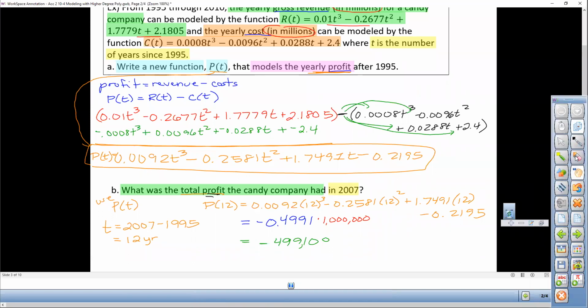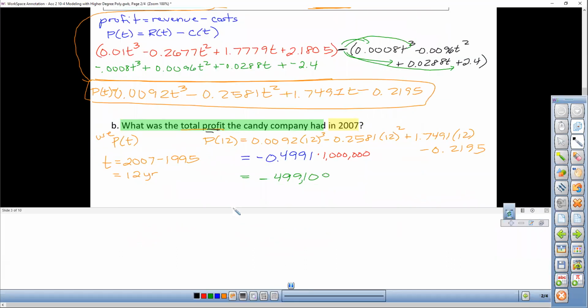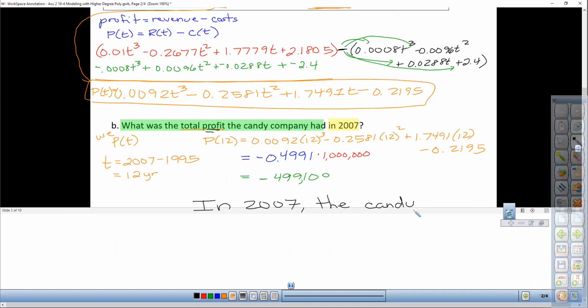So we are going to say here that in 2007, the candy company actually had a loss or a negative profit, if you want to say that. But usually we just call it a loss. So I'm going to say that here. So in 2007, the candy company had a loss of, and then I have my dollars.